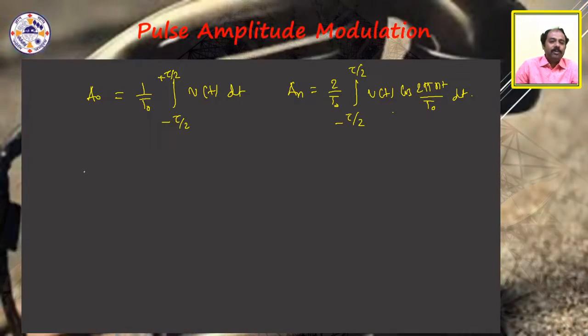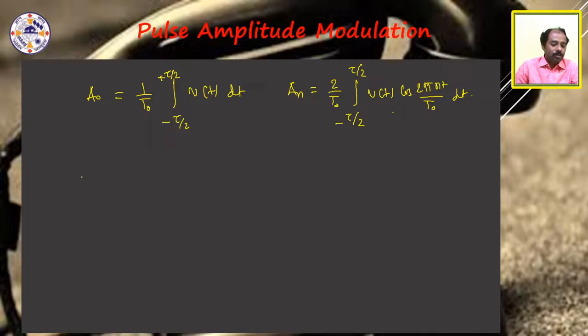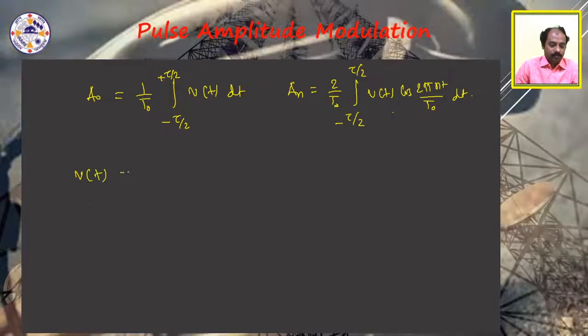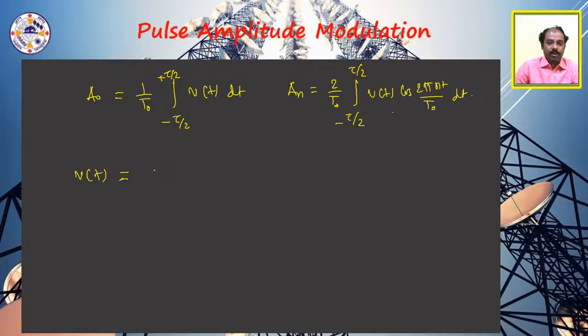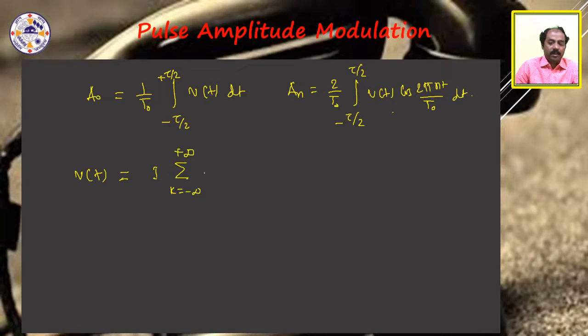And the strength of this impulse is I. So actually I am writing it in terms of the Dirac delta function as capital I into summation over k equals minus infinity to plus infinity delta t minus k t0.